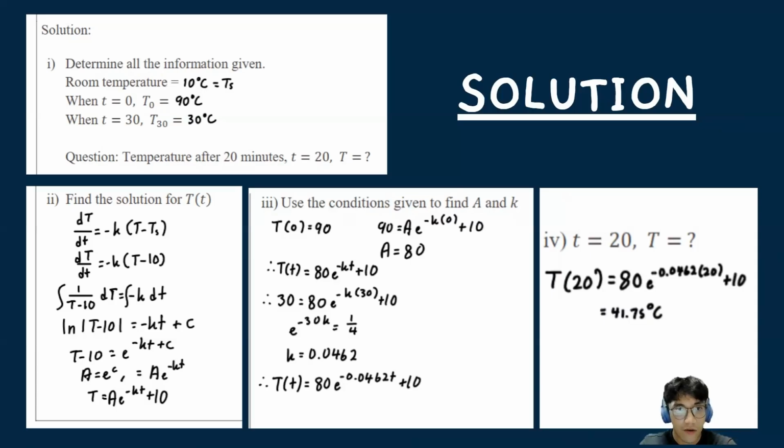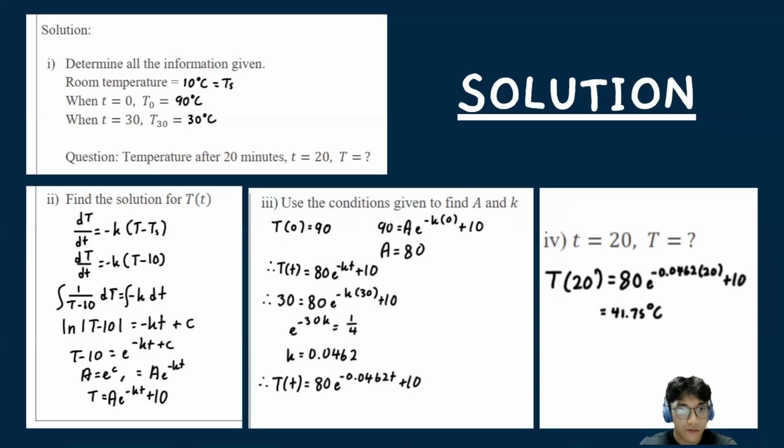The rate of temperature over rate of time equals negative k, T minus Ts. We put Ts into the equation, so we get T minus 10. Then what do we have to do to find T? Next, we integrate both sides.